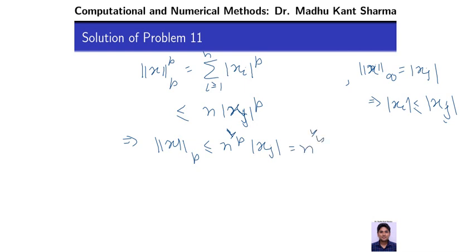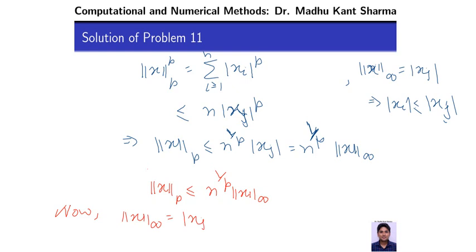Now the infinity norm of x is equal to |xj|, which is equal to (|xj|^p) to the power 1 by p.